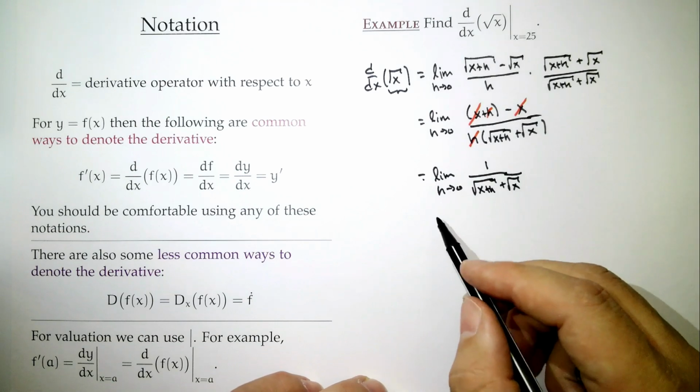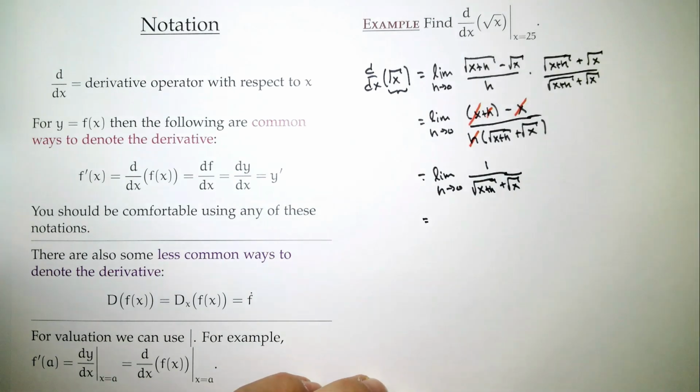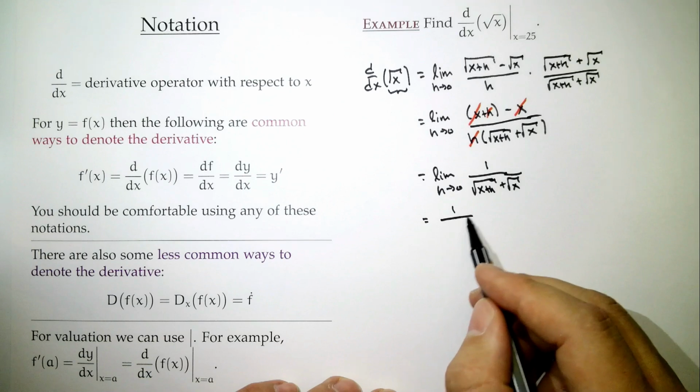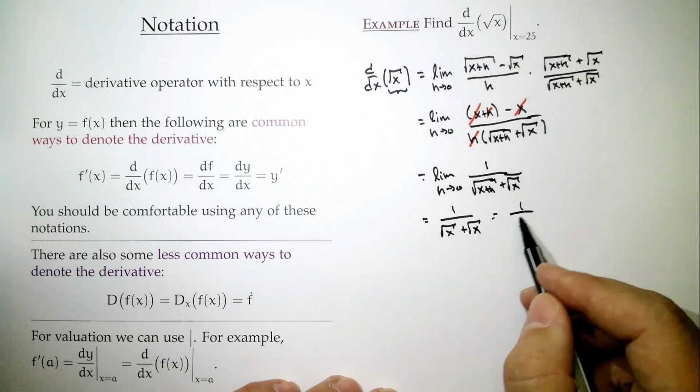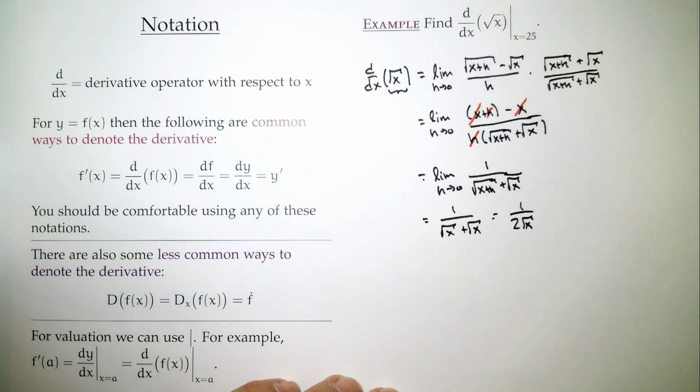So we plug in h equals 0, because the rule of thumb is, okay, we've canceled, let's see if we can now plug it in and get something nice coming out. We'll get 1 over square root of x plus square root of x, which is 1 over 2 square root of x. So now we know that if I want to take the derivative of square root of x, the answer is 1 over 2 square root of x.